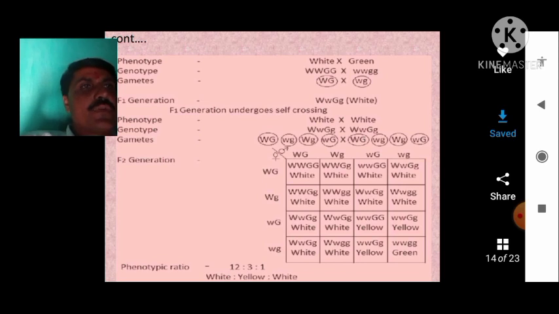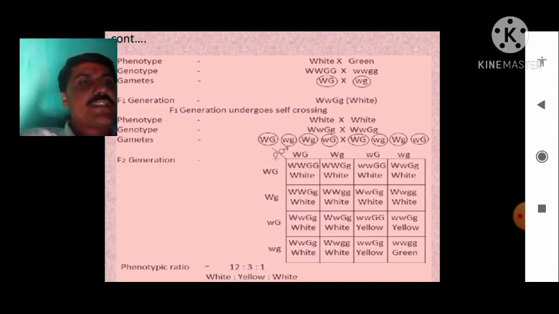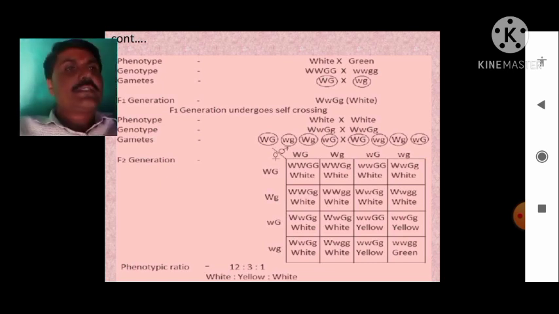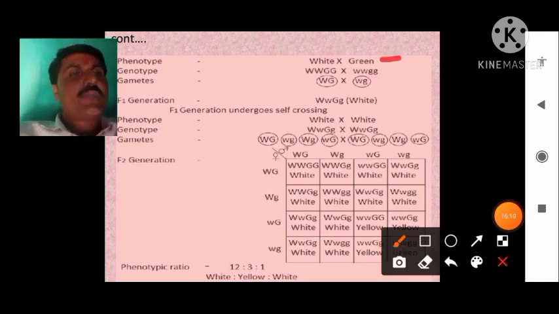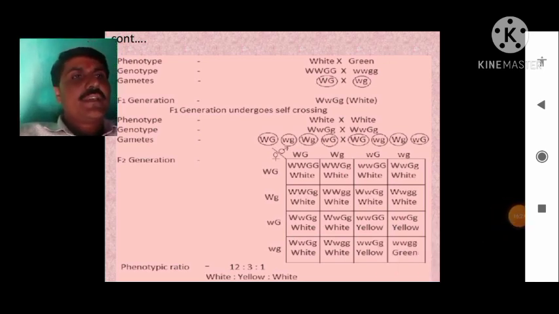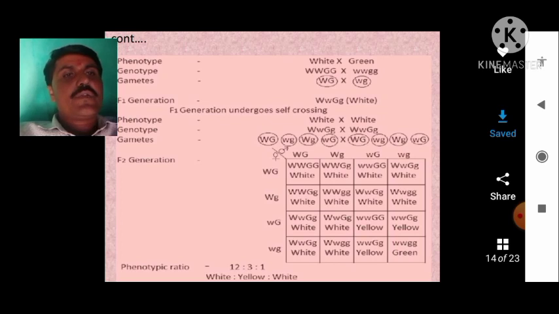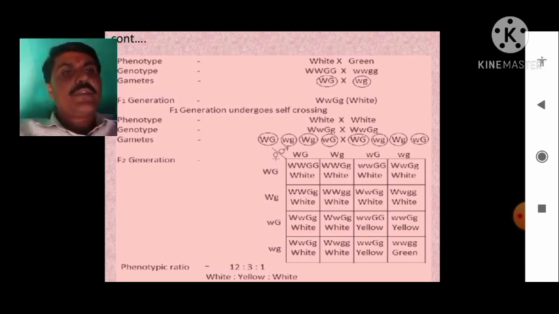Then the green pure one, the last box, is smaller double w and smaller double g, that is the parental one. This was also a parental one seen over here in the first box.